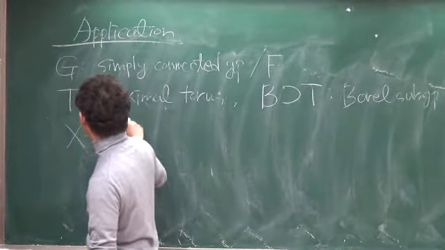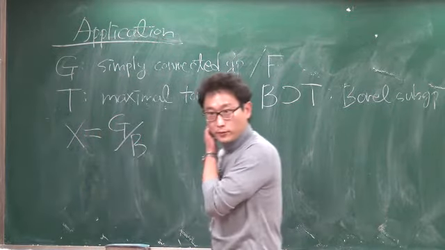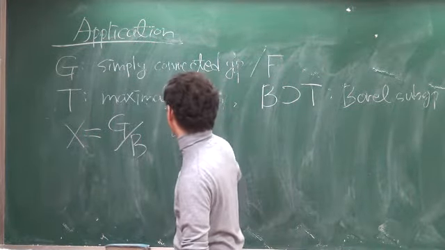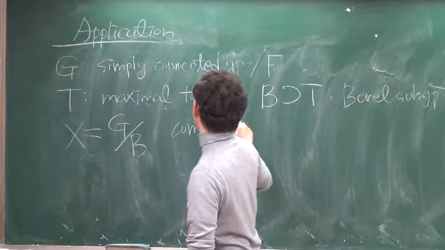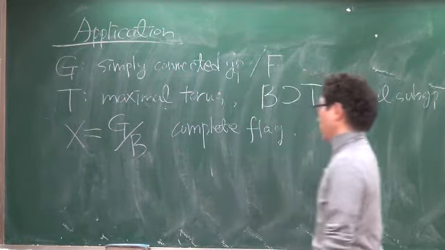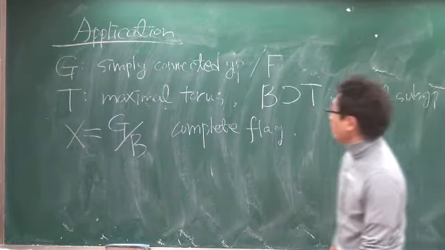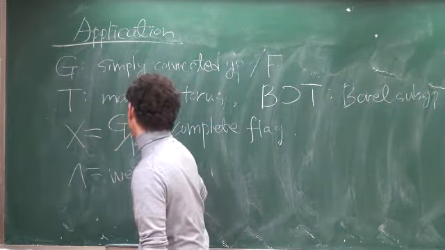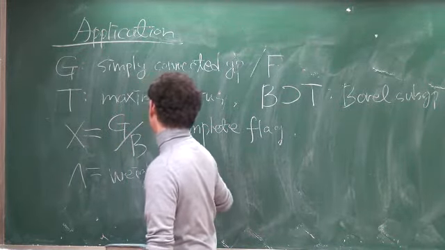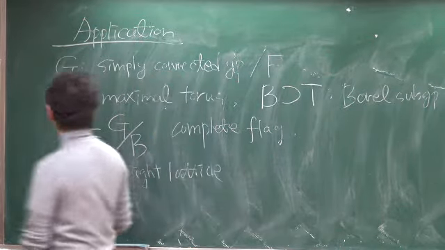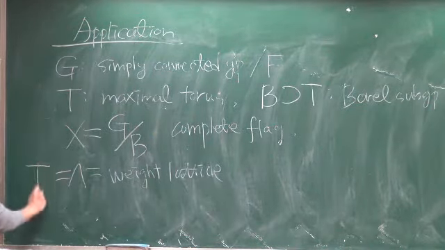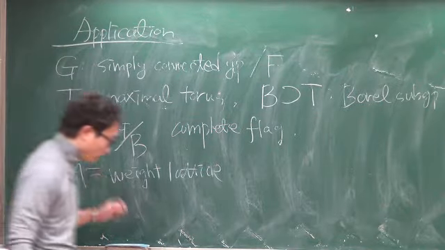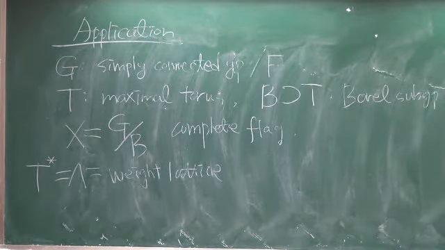We write X for the variety of Borel subgroups, or complete flags. And lambda is just the weight lattice, which in this case, since G is a simply connected group, is just the character group of the split torus.